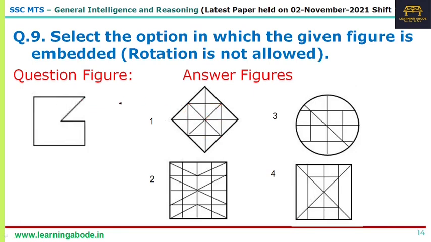If you take the 4th option, you have a cut like this, but this horizontal line here is not there. So 4th option is eliminated.